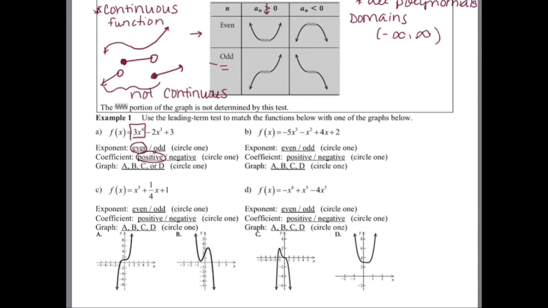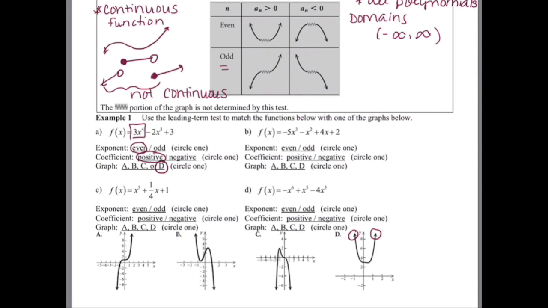So I know with my positive coefficient and my even exponent that both ends are going to go up. It looks like the only graph that compares with that is letter D. Both ends are going up. Now, the leading coefficient test, the leading term test here, doesn't tell us what happens in between the two end values. It just tells us which way the graphs are going to go as far as the end values are concerned.